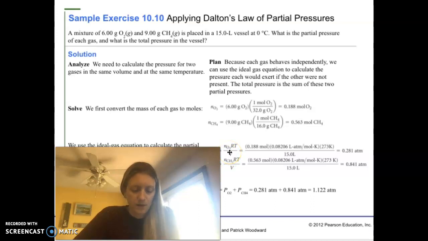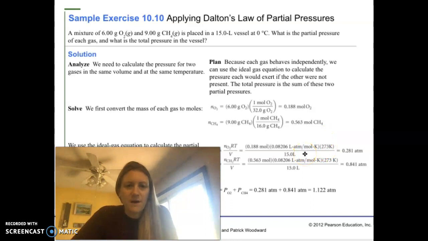So you're going to take the 0.188 moles of O2 times the gas constant, 0.08206, times my temperature. Again, they give it to us in Celsius, but luckily 0 plus 273 happens to be 273. And then you're going to divide by the volume, which is 15 liters. So the partial pressure of O2 is 0.281 atmospheres.